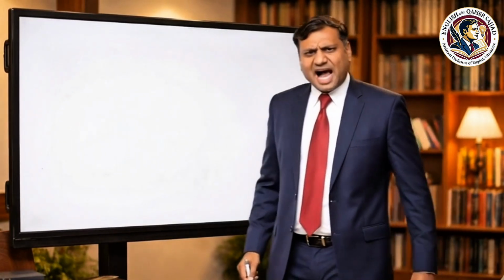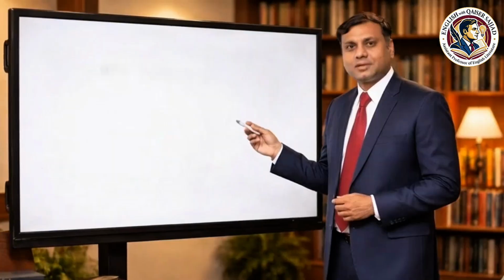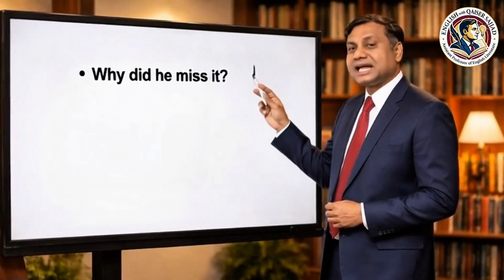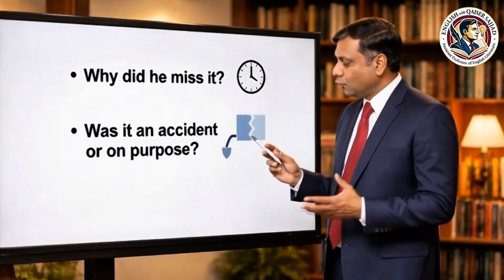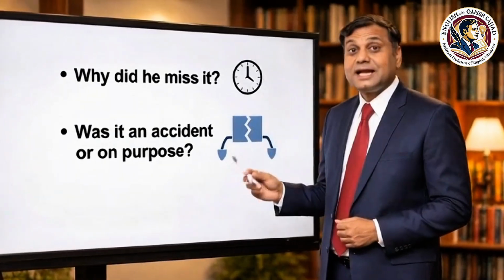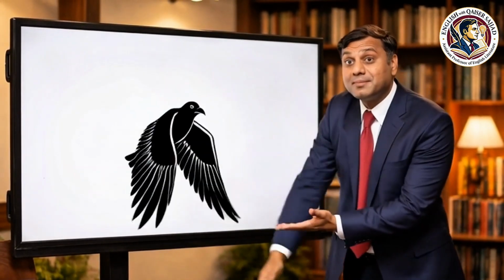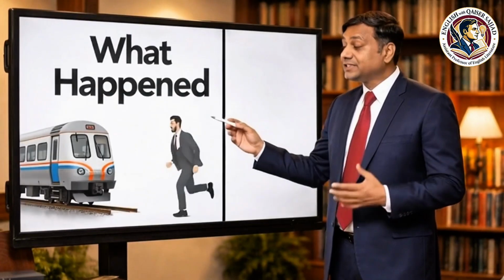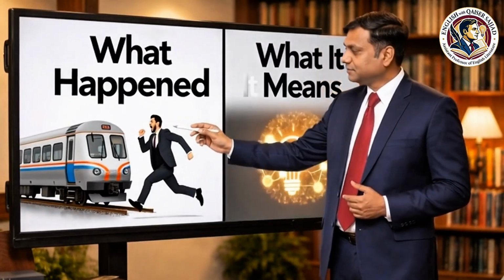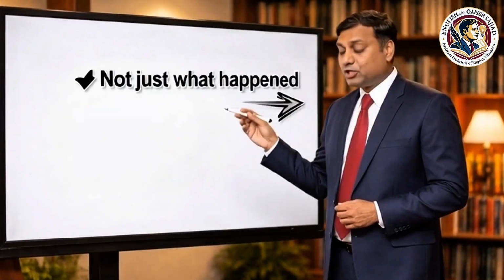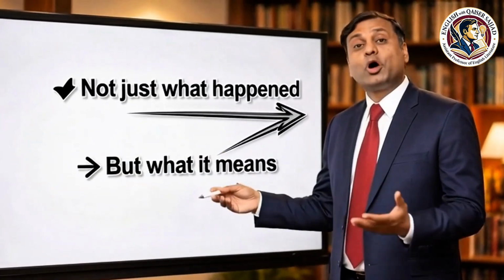But a good reader asks deeper questions. Why did he miss it? Was it an accident or on purpose? What does the train represent? Maybe an opportunity? Escape? A dream? This is the key difference: not just what happened, but what it means.